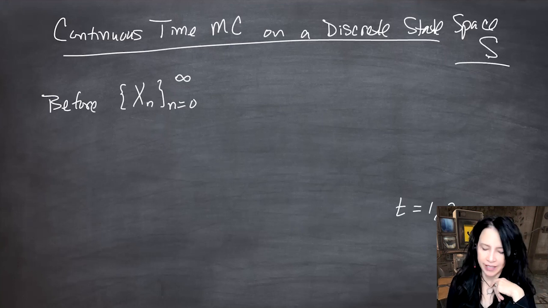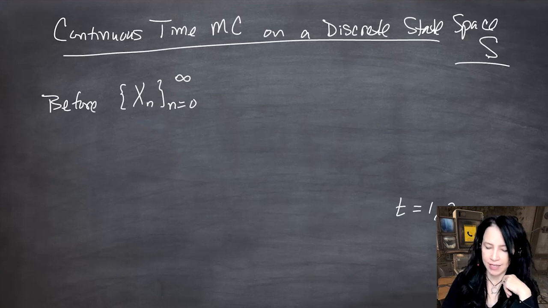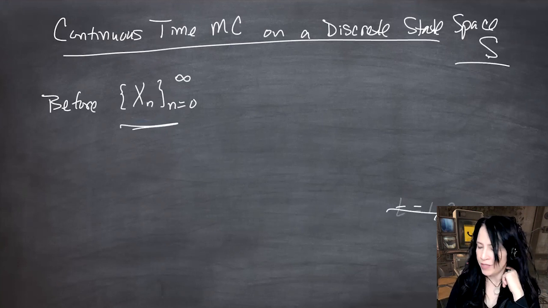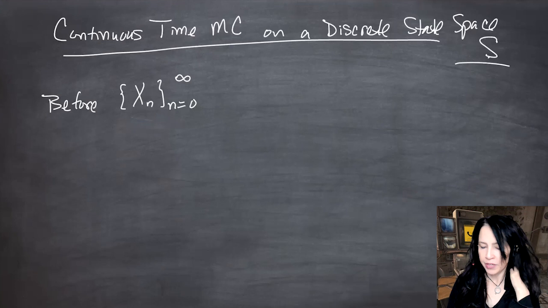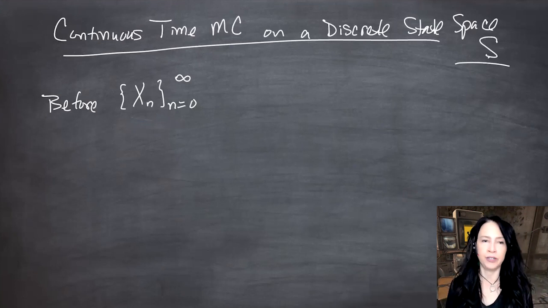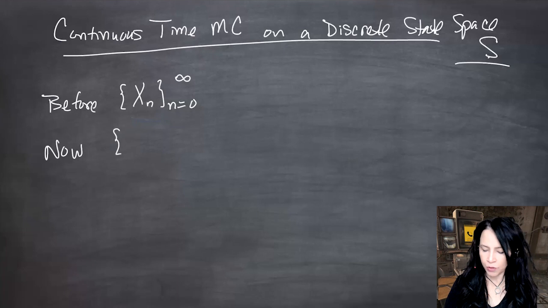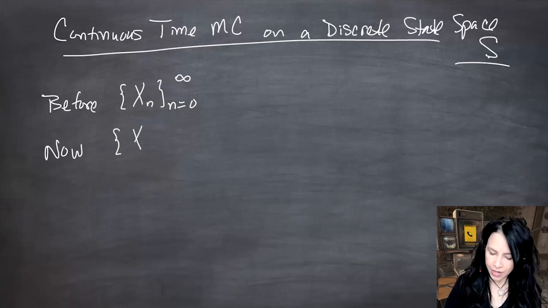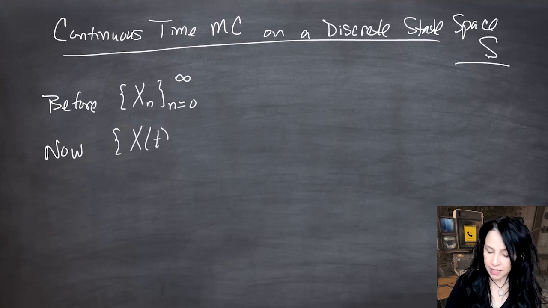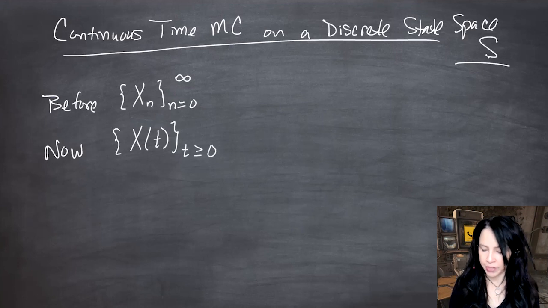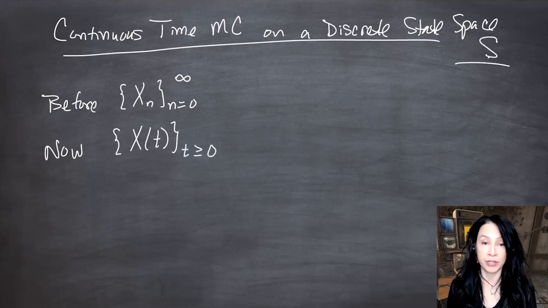It would be weird to have a process like this in continuous time. So I'm going to move to t's and s's, and I'm going to do something else just to make it extra clear. Some people do this, some people don't. I'm going to change the notation to x of t to be really clear about the difference. And now t is everything greater than or equal to 0, all real numbers greater than or equal to 0.